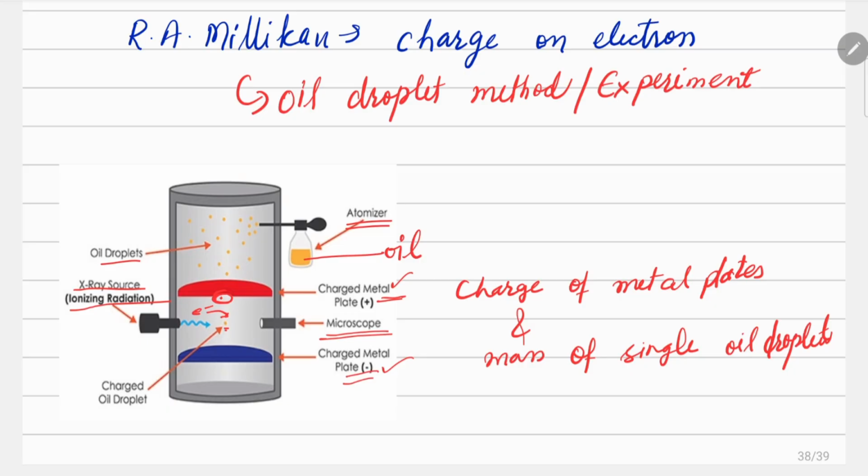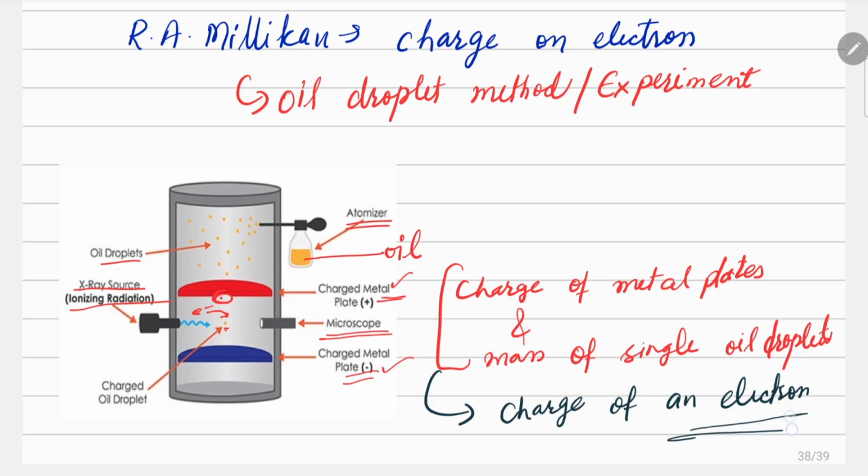Through these two pieces of information, he calculated the charge on one electron. He did mathematical calculations through which he got to know the charge on the electron.